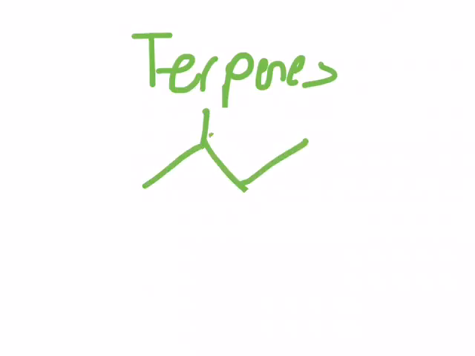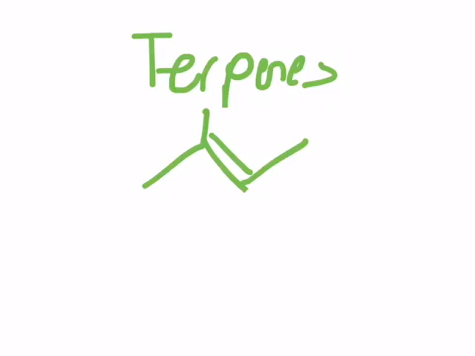Now we look at terpenes. These are members of a broad class of compounds built from isoprene units, which has 5 carbons and 8 hydrogens. Terpenes are linear or cyclic, classified by the number of isoprene units they have.